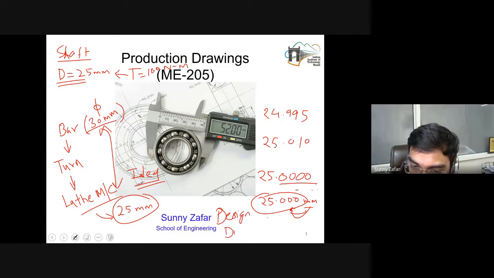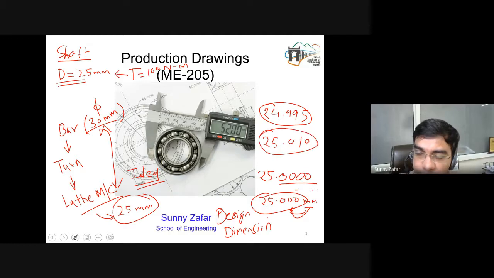This was the design dimension. But what I'm obtaining, sometimes I'm obtaining 24.995, sometimes I'm obtaining 25.01. So this becomes the product dimension.